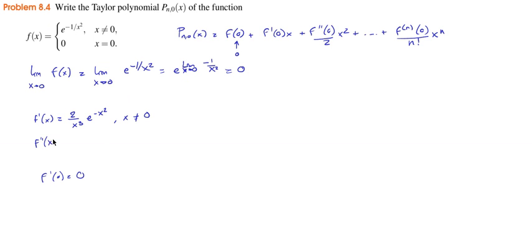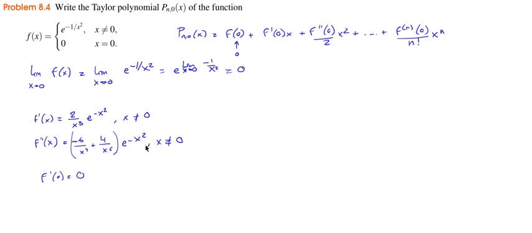From here we get that this is going to be the derivative of this, which is minus 6 over x to the 4 plus 4 over x to the 6, times e to the minus 1 over x squared when x is different than 0, right?